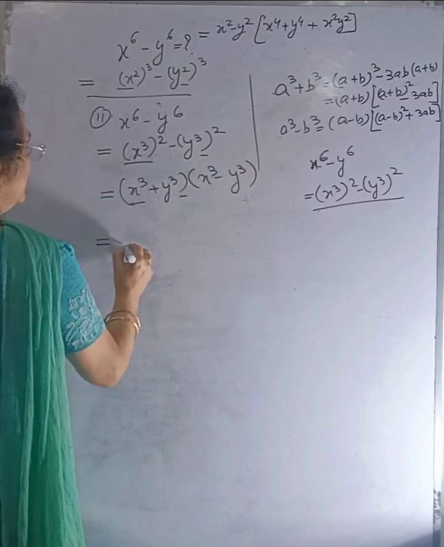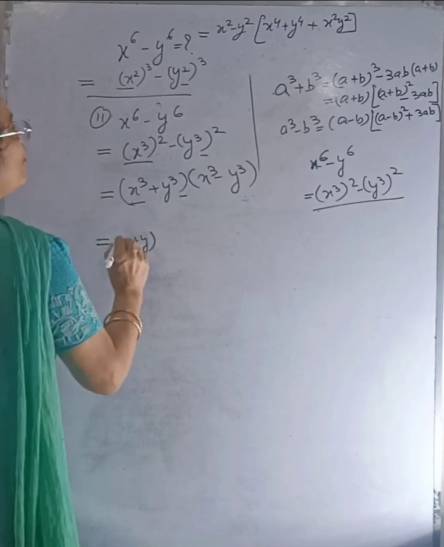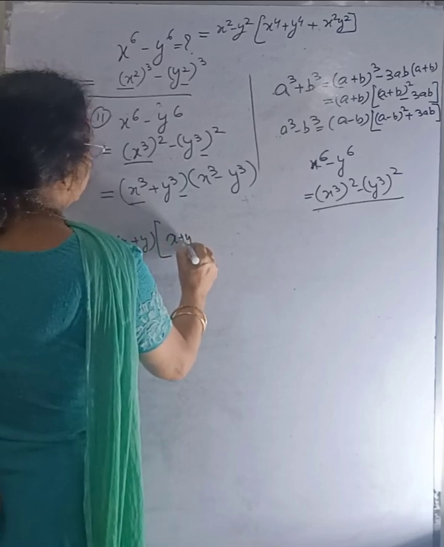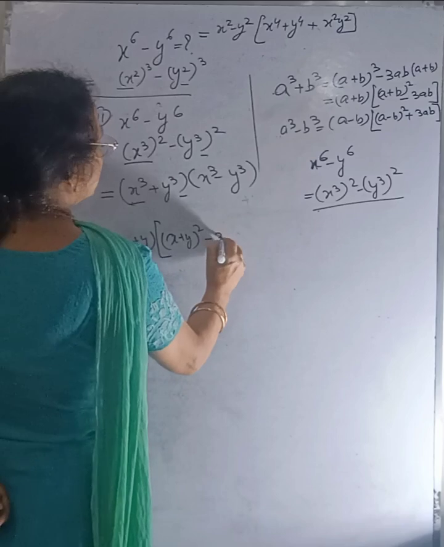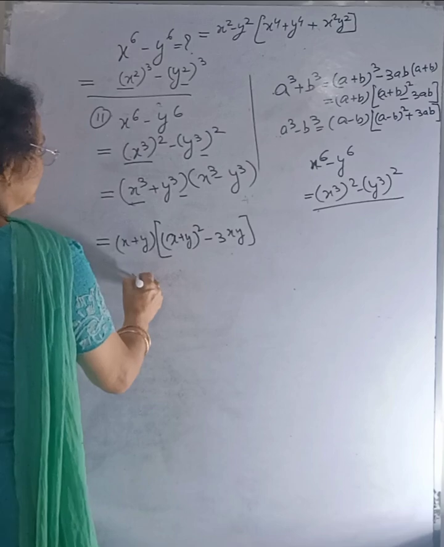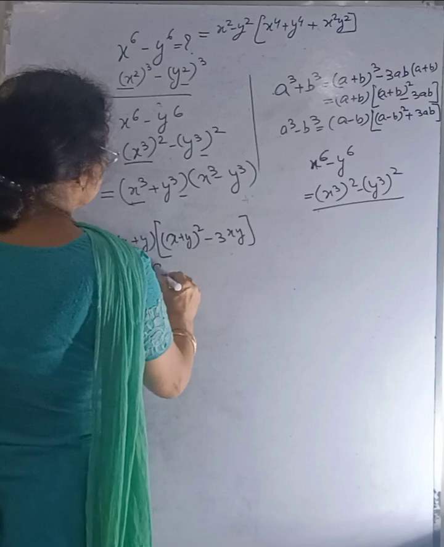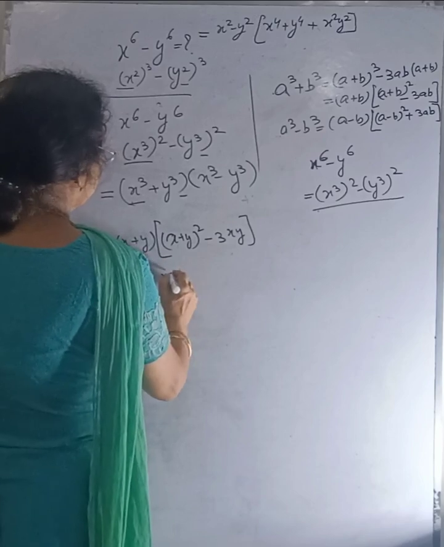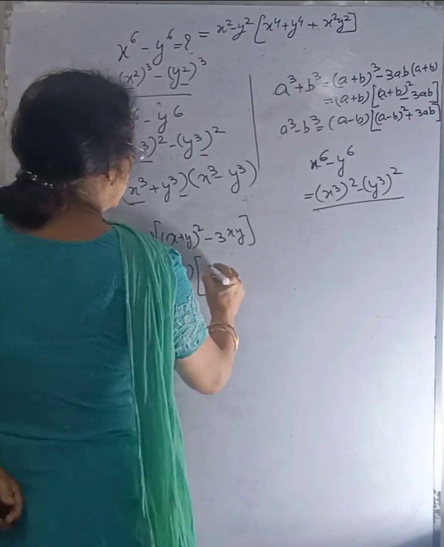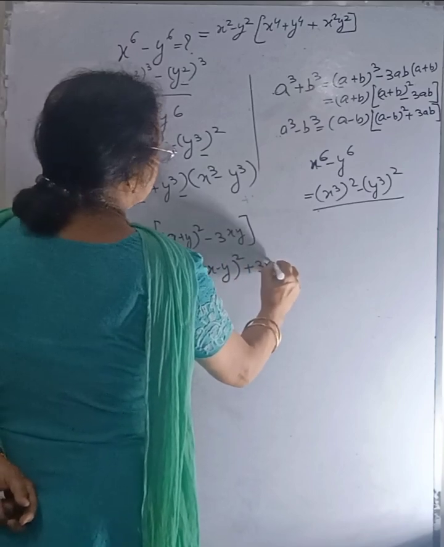That will be equal to (x plus y) common within a bracket, (x plus y) whole square minus 3 times xy, into multiplication, (x minus y) common, inside the bracket (x minus y) whole square plus 3 times xy.